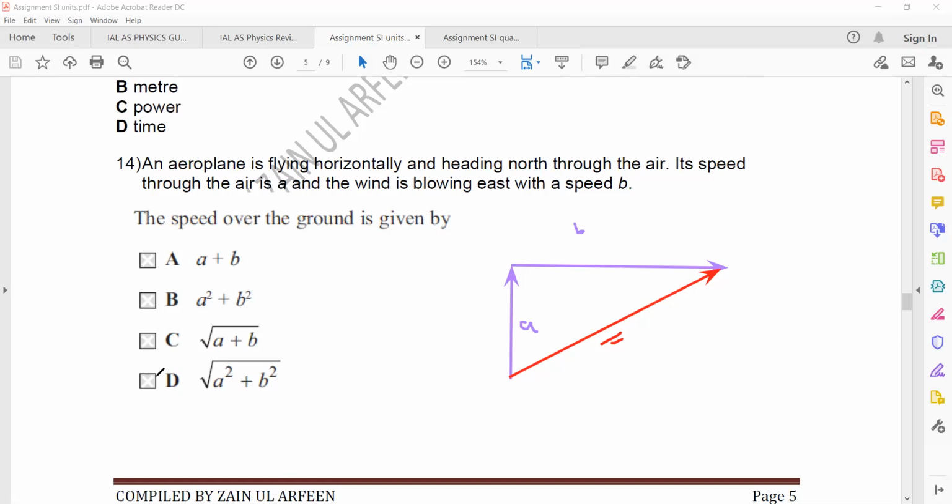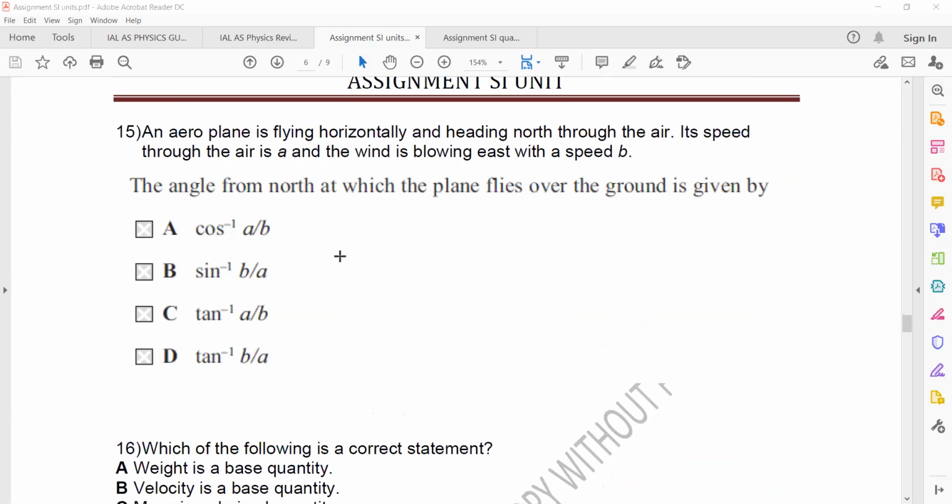Yeah, that will be D. Again, you use the Pythagoras theorem to do this.